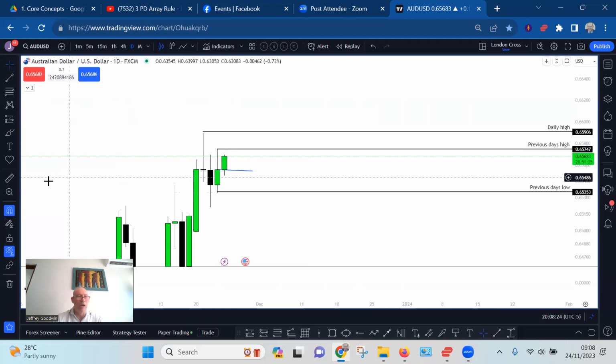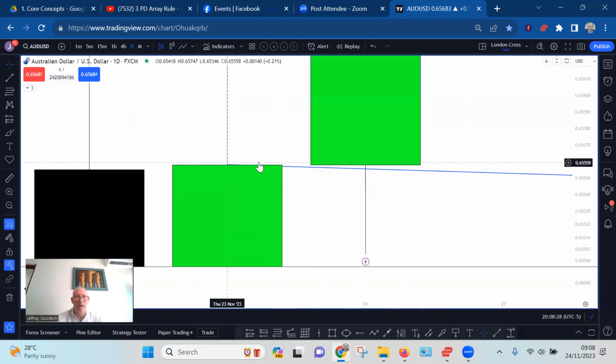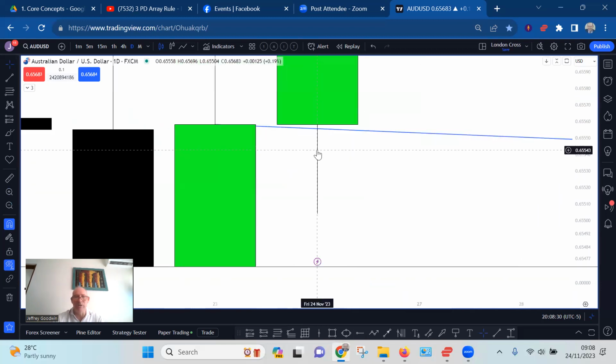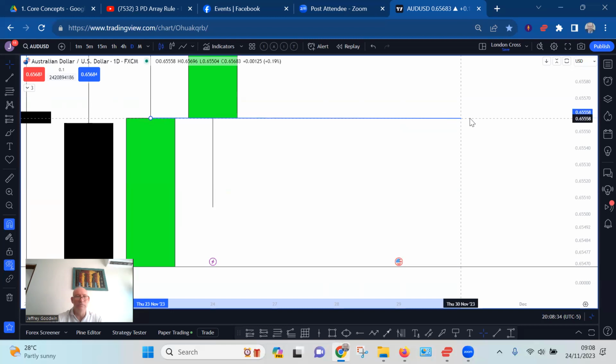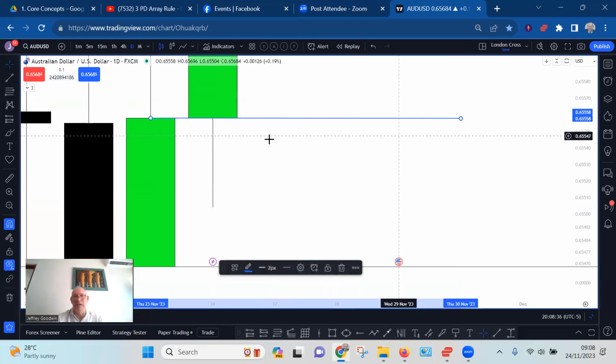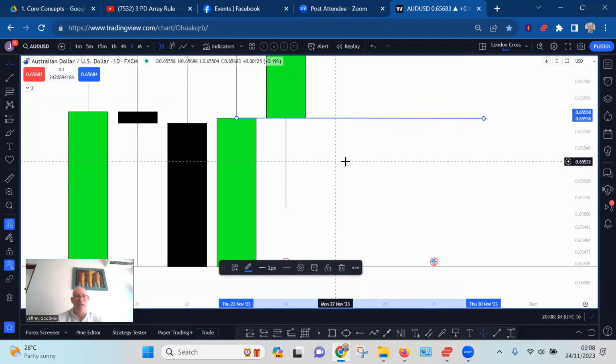I'm actually going to bend that a little bit. Let me try and straighten this up. The reason I've got it into the future is that when you drop a time frame, you need that. So basically, that's the close and the open, and that's blue.